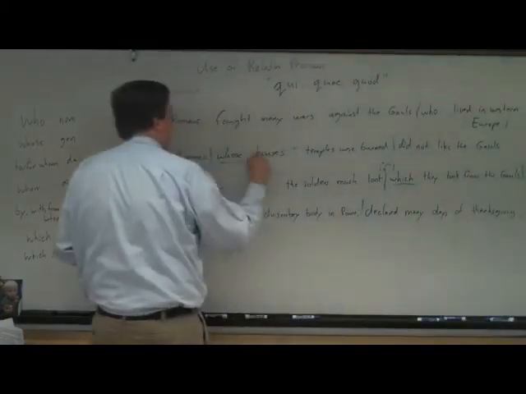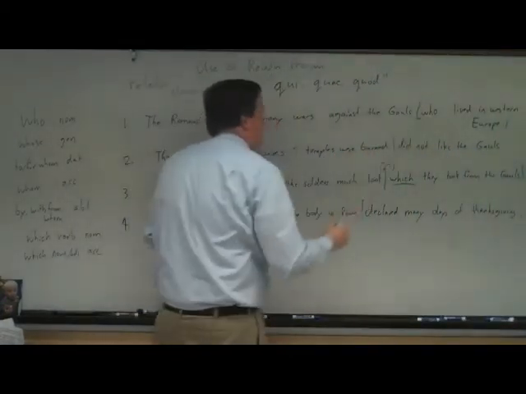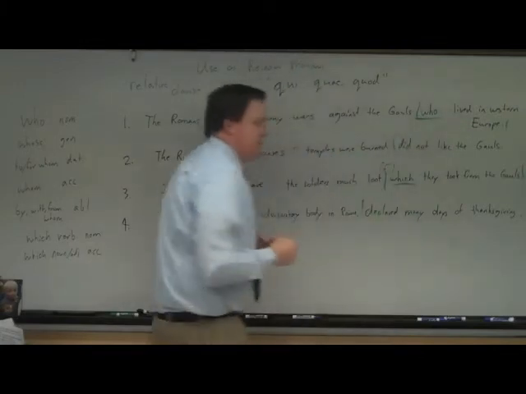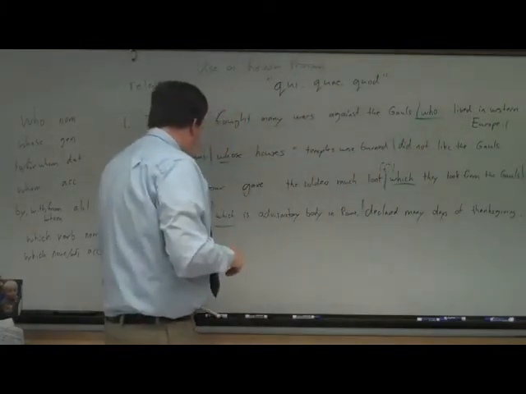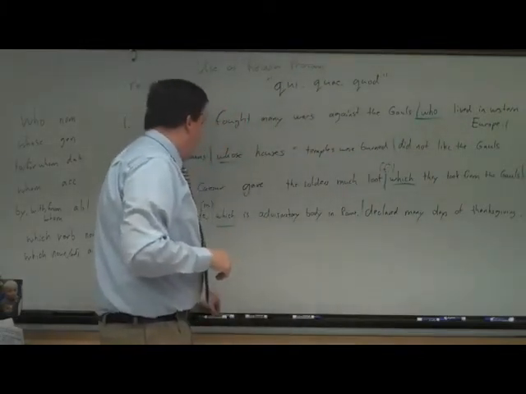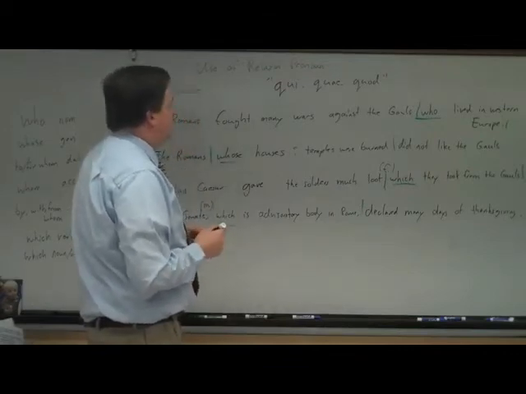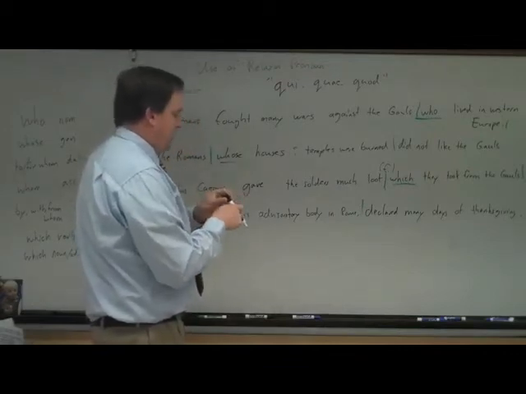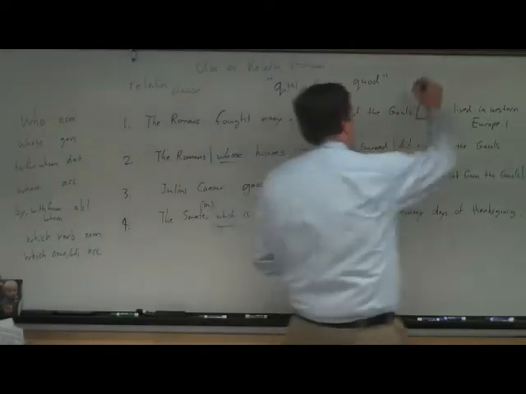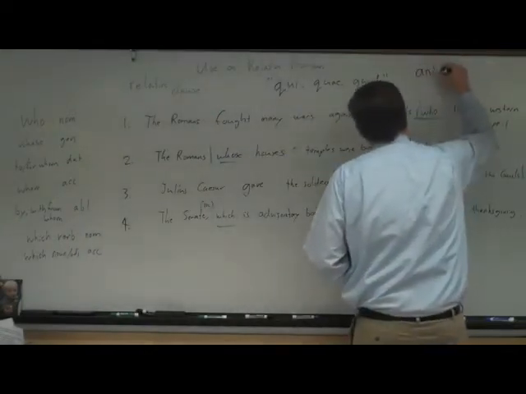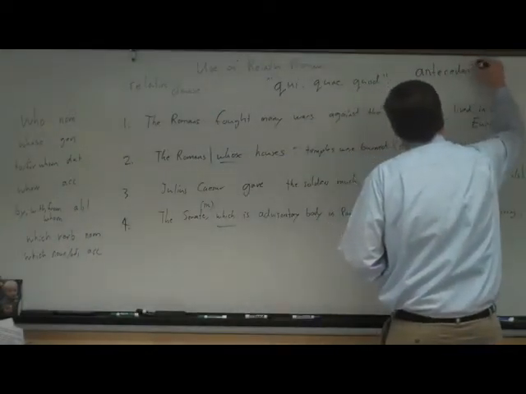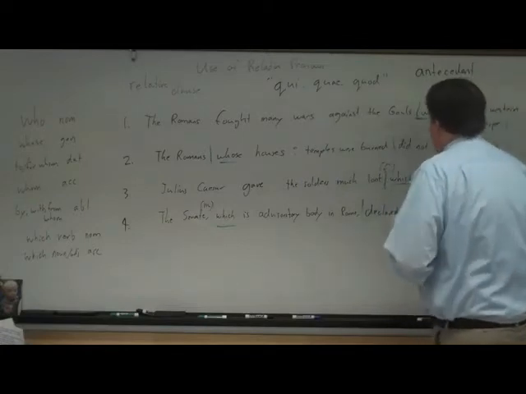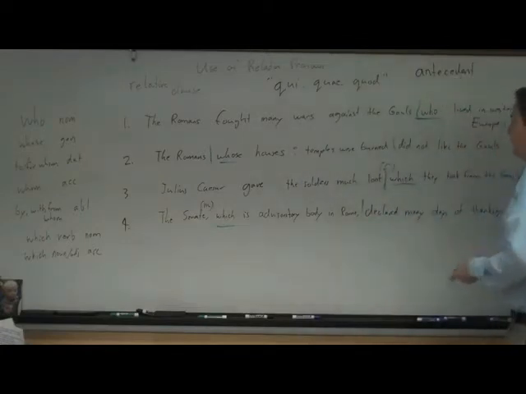Now, the question I always have is, how do you know which form of qui, quae, quod to use? We know which form to use by looking at its antecedent. The antecedent is just a fancy word that says, what do these guys refer to?